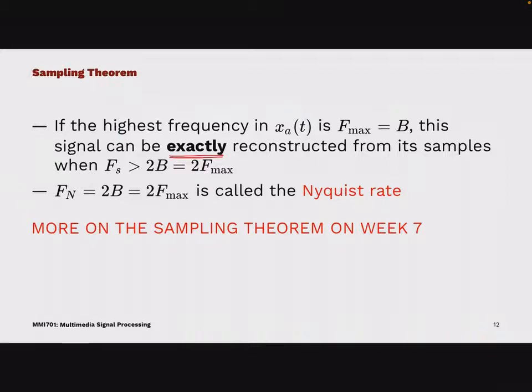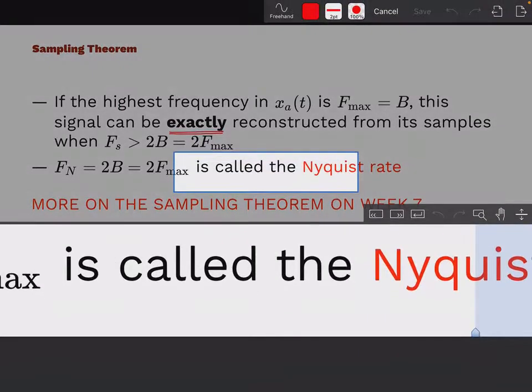Now, we're going to talk more on the sampling theorem. We're going to prove the sampling theorem in week 7. I'm quite excitedly waiting for it because the proof is so beautiful. I always take a lot of enjoyment from showing you the proof. But two things that you should keep in mind about this.